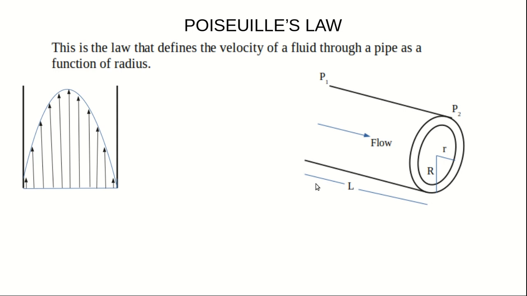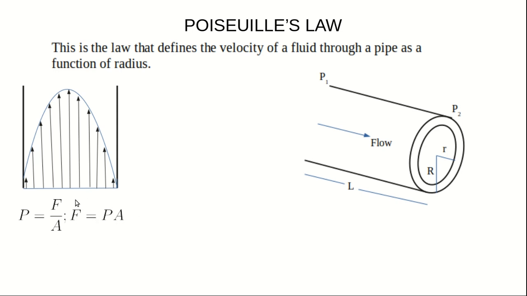Now let's look at the force that pushes the fluid through this pipe. The pressure P equals F over A, which is a known fact, where F equals PA.